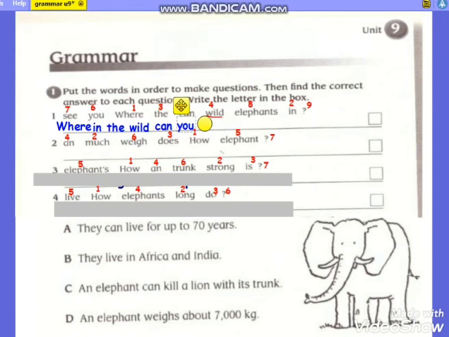Can you see? Elephants. The last word, elephants. And at the end, you have to put the question mark.